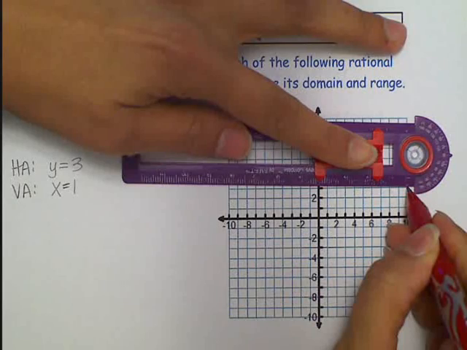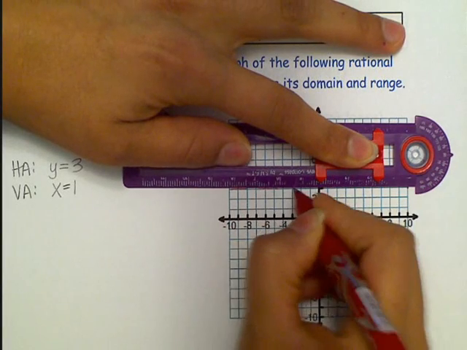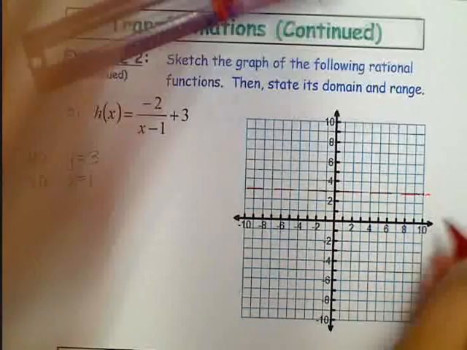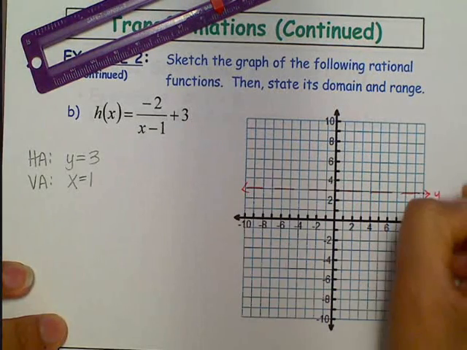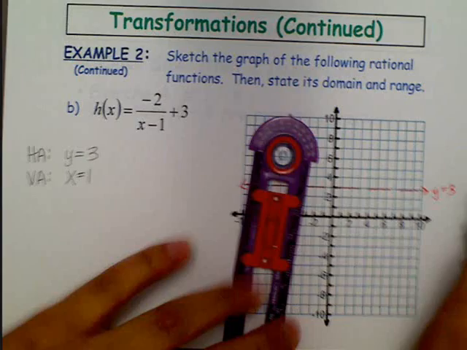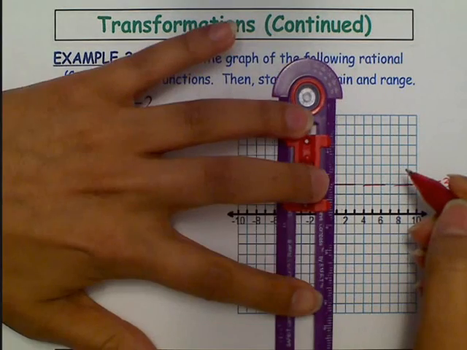Okay, and again, I'm going to draw those first. So I have y equals 3. And I have x equals 1.